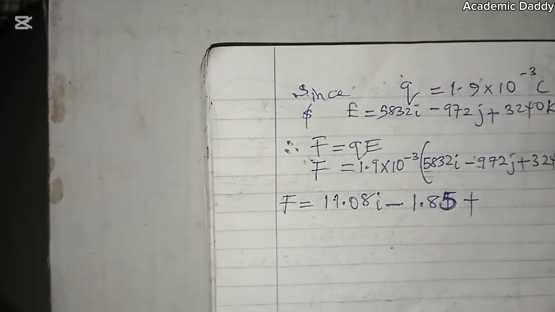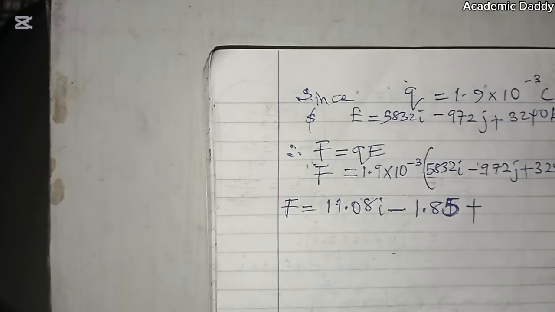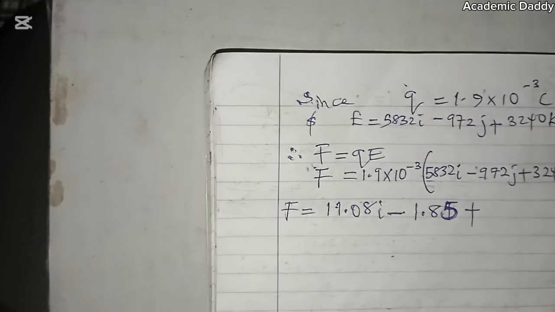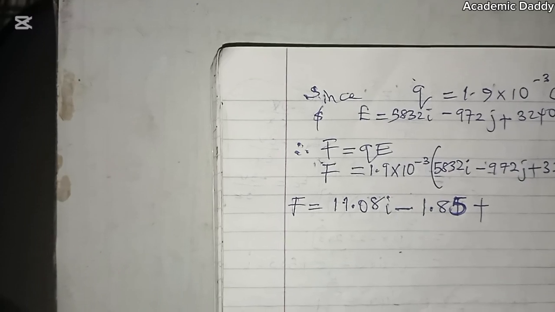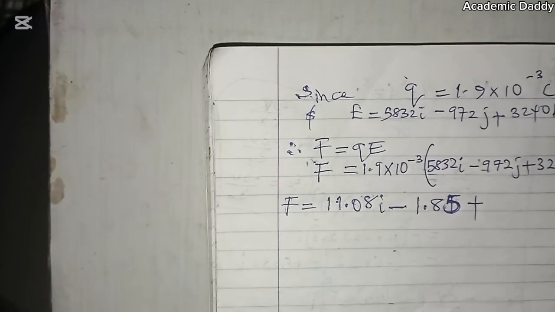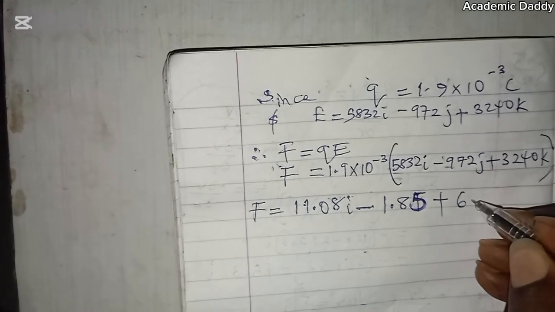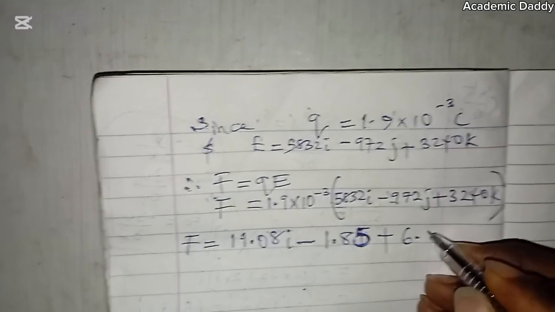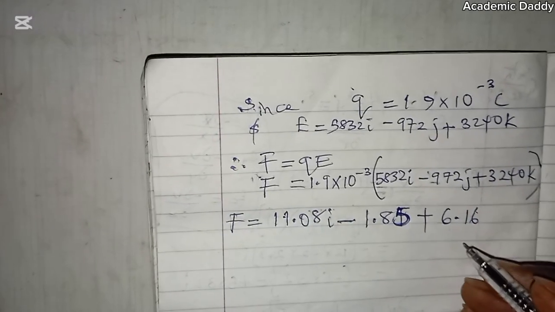So plus 1.9 times 10 raised to power minus 3 times 3242 equals to 6.16.